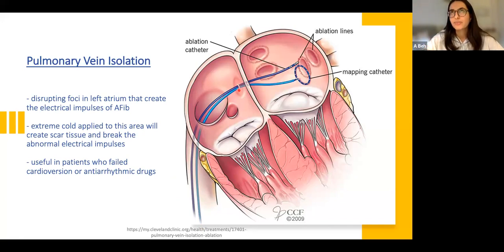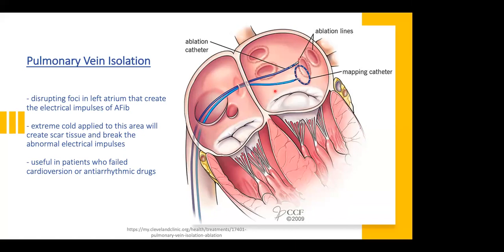So usually there are not that many complications from this procedure. I always ask myself the same question, actually, but I think it's because it's easier to go through the venous system into the heart, and then they have to go through the right atrium into the left atrium. Thank you, Doctor. Okay.